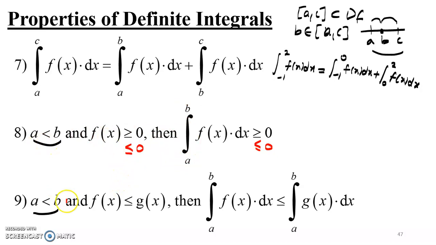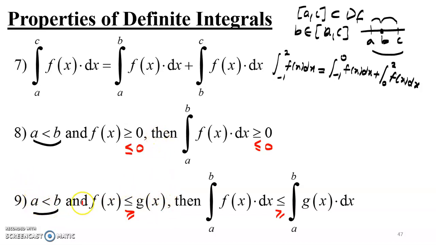Similarly, if you have f of x smaller than another function g of x over the interval AB, where AB has to be a subset of the domain of both functions, and A is smaller than B, then the integral of f of x is smaller than the integral of g of x between A and B. And similarly, if f of x was greater than g of x, then the integral of f of x would be greater than the integral of g of x.